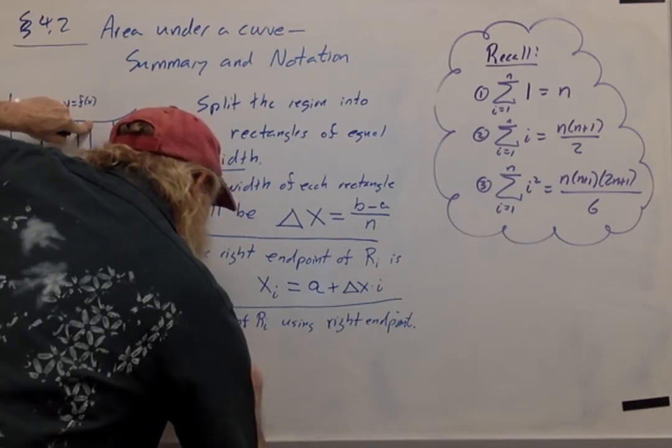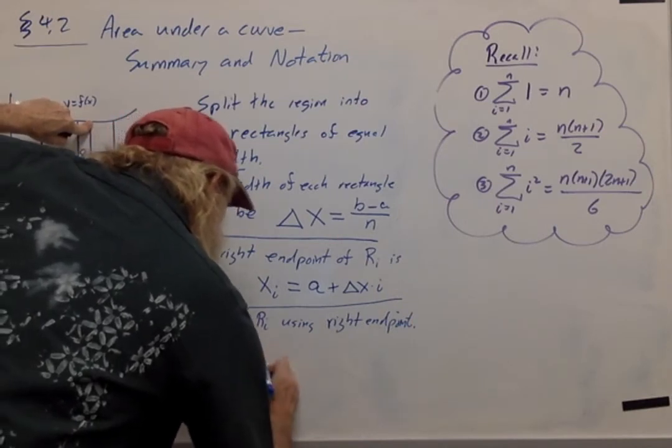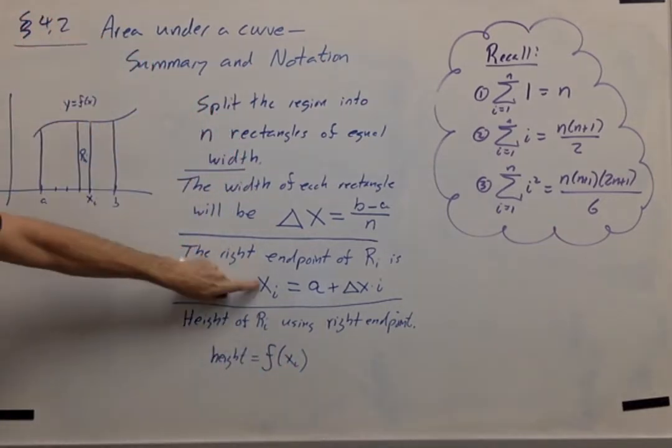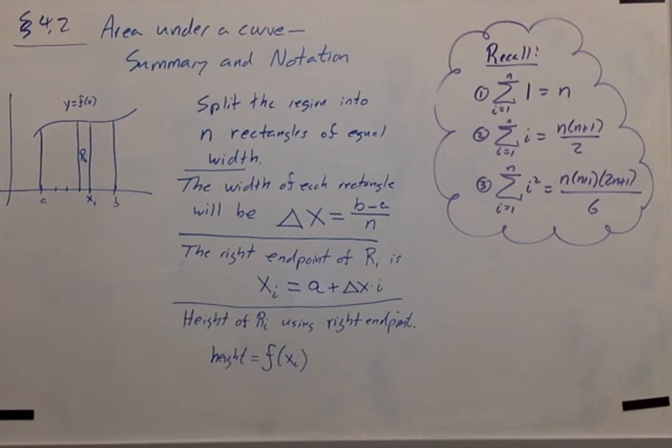So the height will be f of x sub i, where x sub i is given by this formula.